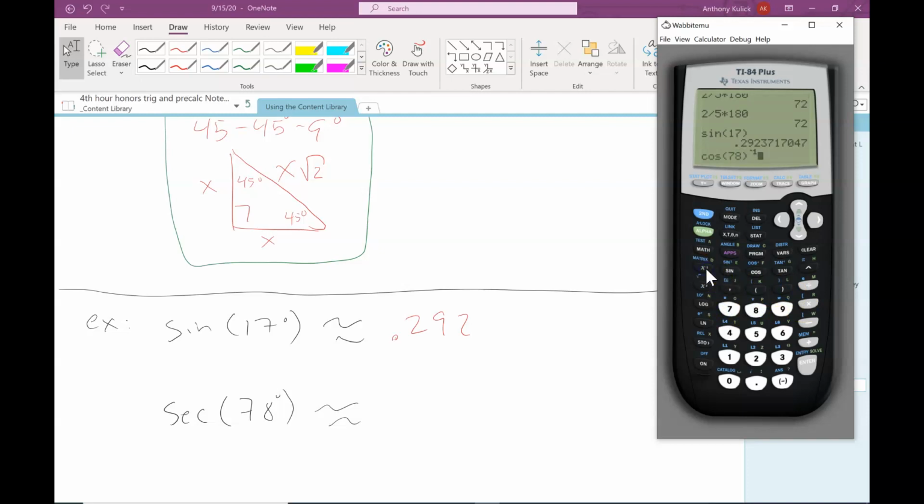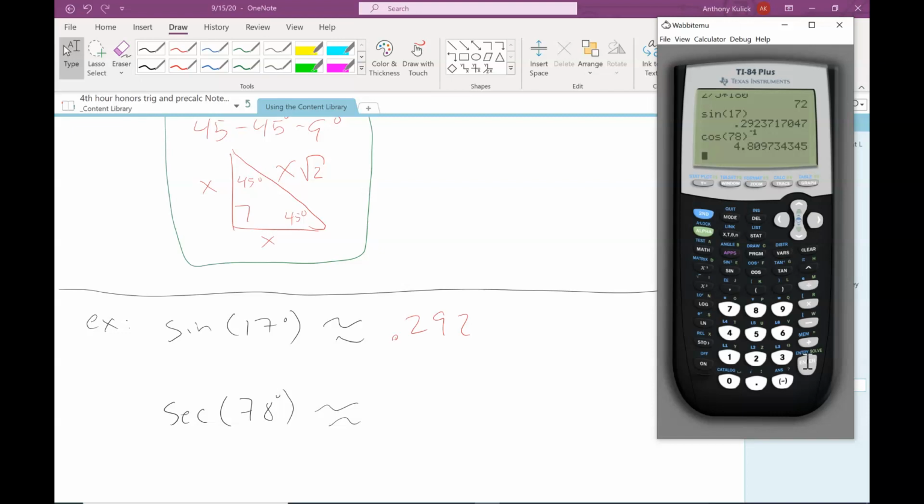So the notation looks very similar to inverse cosine, right? Inverse cosine is cosine to the -1 of something. If you try to do cosine inverse of 78, you're going to get an error. But we can do the reciprocal of cosine of 78, which is what we're doing here.